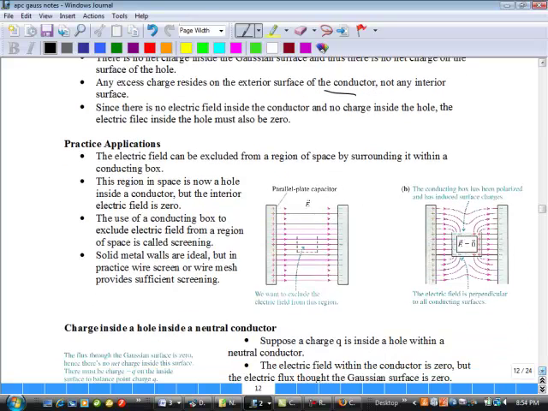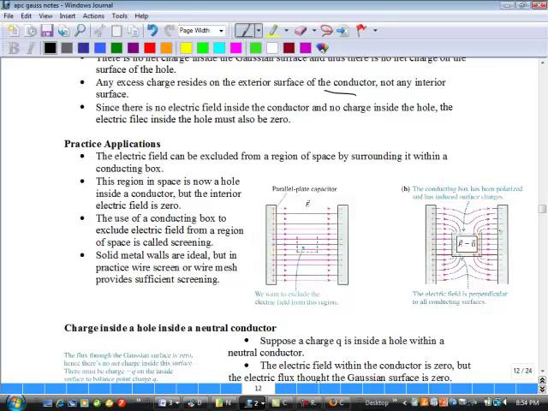Okay, an electric field can be excluded from a region of space by surrounding it with a conducting box. So in this case, we're going to have a parallel plate capacitor, and we're going to put a conducting box around it. When we do this, this positively charged electric field is going to induce a negative charge on this surface.